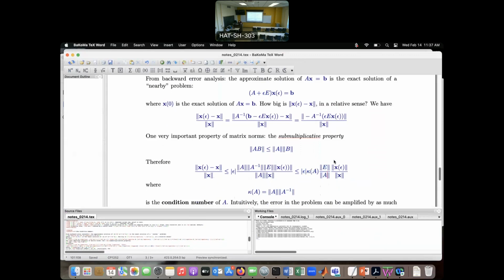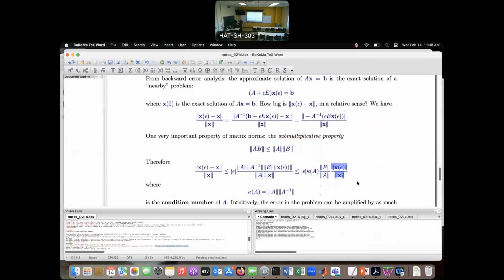And then I have the norm of x of epsilon over the norm of x. This factor is not particularly interesting because as epsilon goes to 0, this converges to x. So for epsilon small, this fraction is going to be roughly 1.